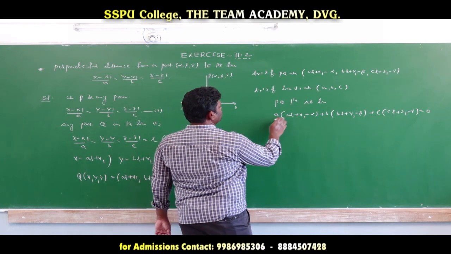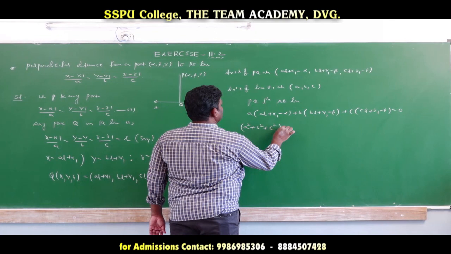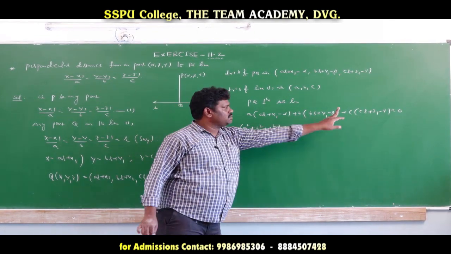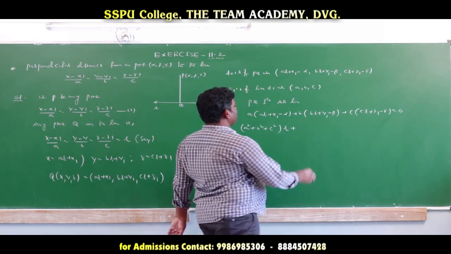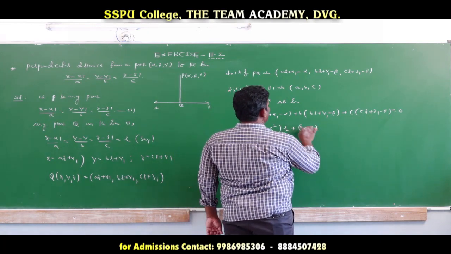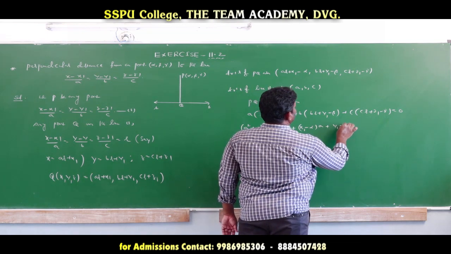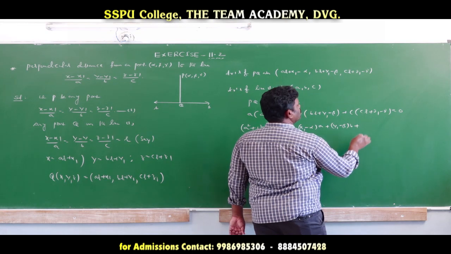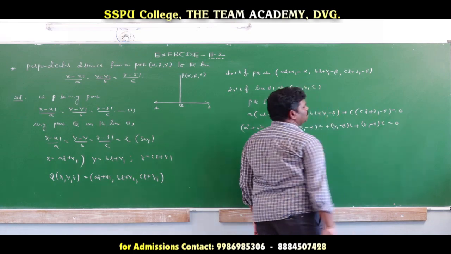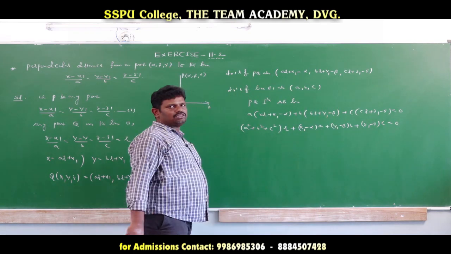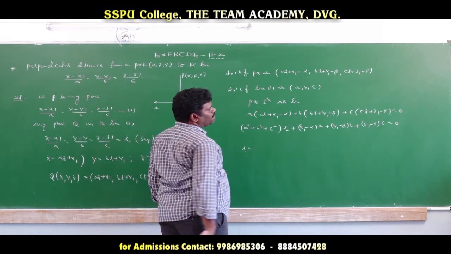So from that equation, (a square plus b square plus c square) into r, the common term. Next, (x1 minus alpha) into a, plus (y1 minus beta) into b, plus (z1 minus gamma) into c is equal to 0. Now, to get the r value, we take this total value out, which means negative.